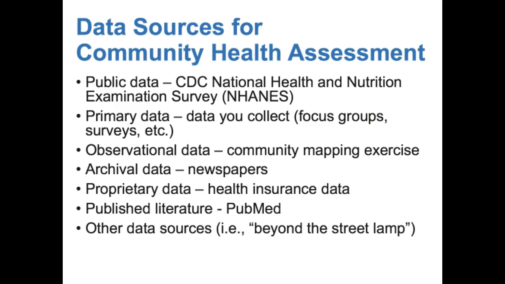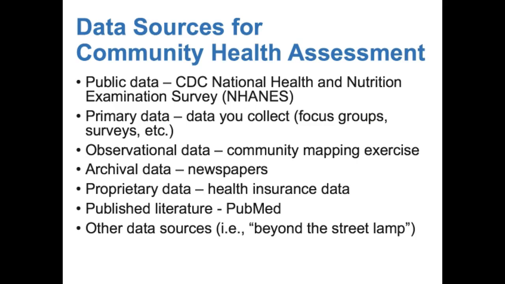And this is when you would go out and collect primary data, such as by conducting surveys or maybe focus groups, key informant interviews, etc. And this would give you more information about the specific health issue and how it's perceived or maybe experienced in your population of interest.